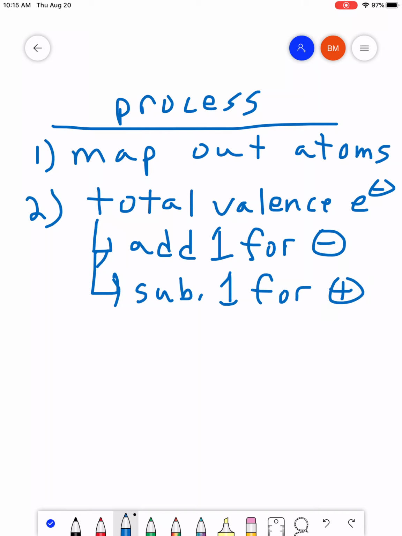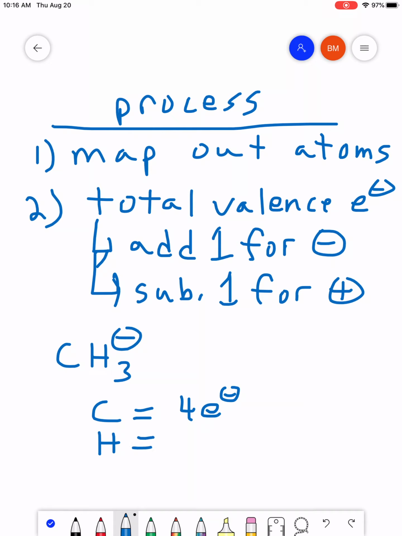All right. So for example, if we had the formula CH3 minus, right? Our total contribution from carbon would be 4 valence electrons. Our total contribution from hydrogen would be 3, since we have 3 H's, each one of them has 1 valence electron, that gives you 3.